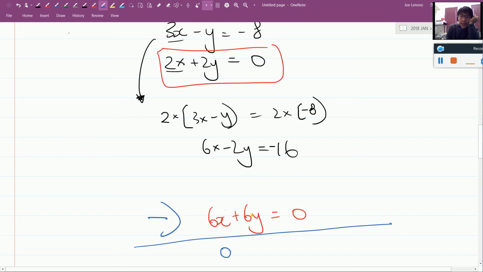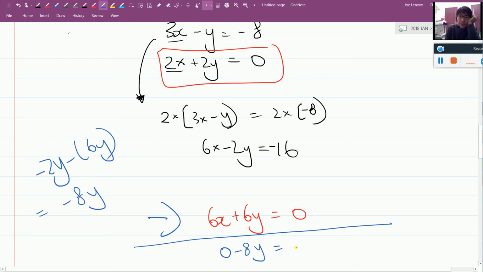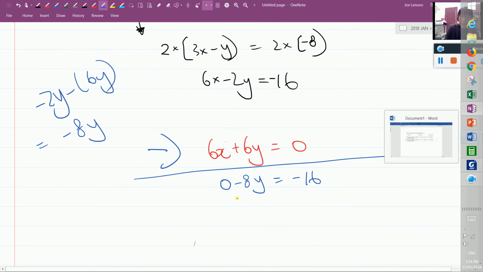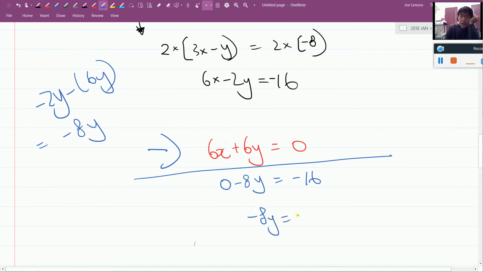Negative 2y minus 6y is equal to negative 8y. Negative 8y equals negative 16 minus 0, still negative 16. A number times negative 8 equals negative 16, so that needs to be a positive number. y would be positive 2.